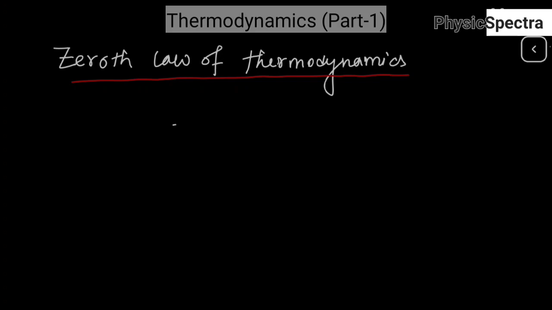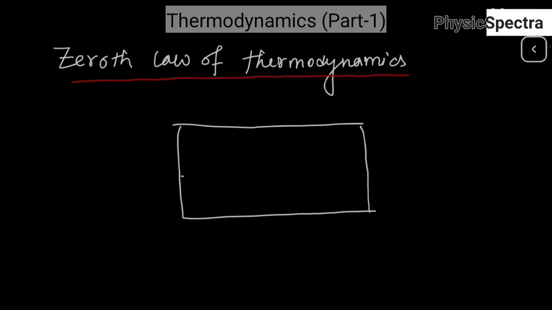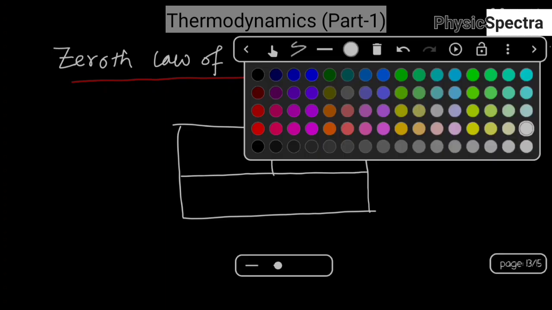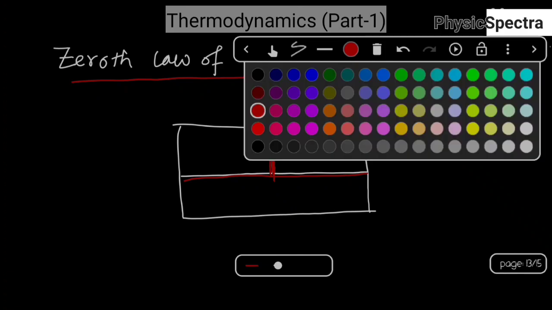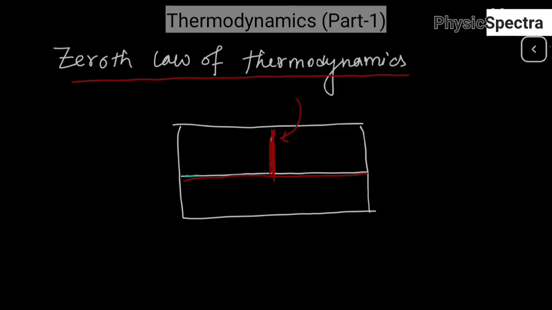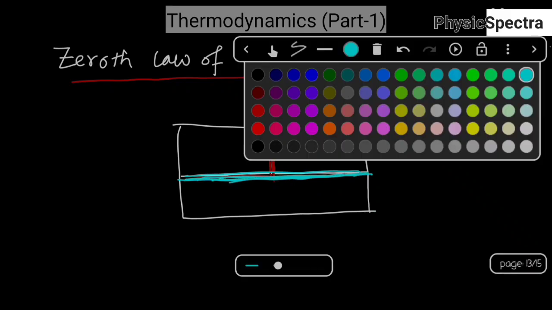So see, we are taking suppose a chamber and we are dividing the chamber like this. Let us take another color, in the chamber like this. This wall and this wall are of different types. So let us take a different color for it. Let us take blue color for it. These two walls are of different types.